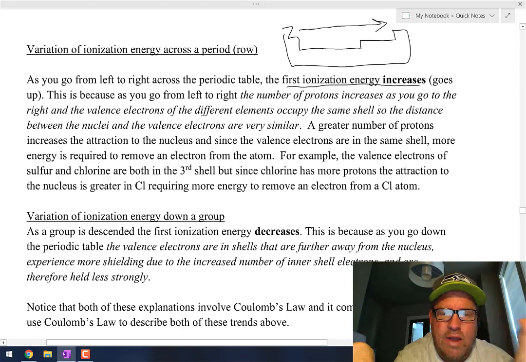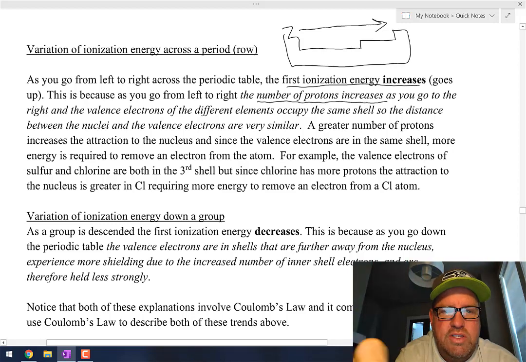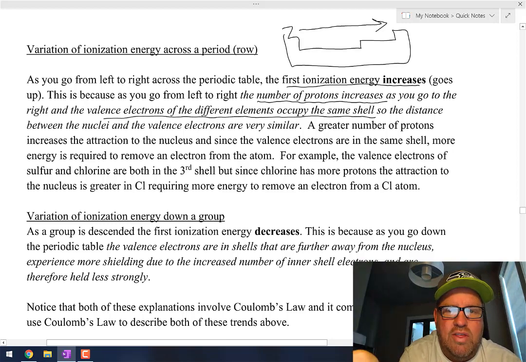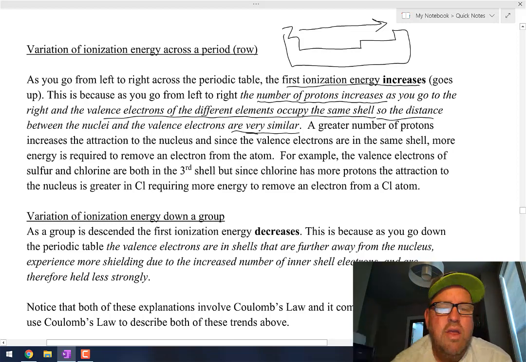And why? Notice the italicized part is how you would describe it on a test, because that's what the grader's looking for: the number of protons increases, and the valence electrons are in the same shell, so the distance is very similar.